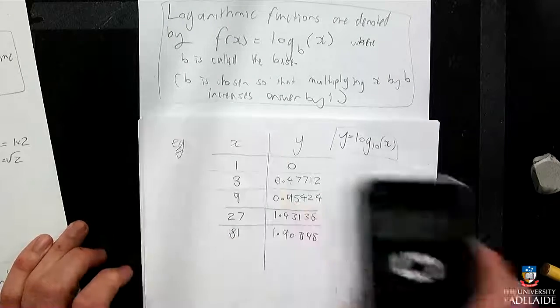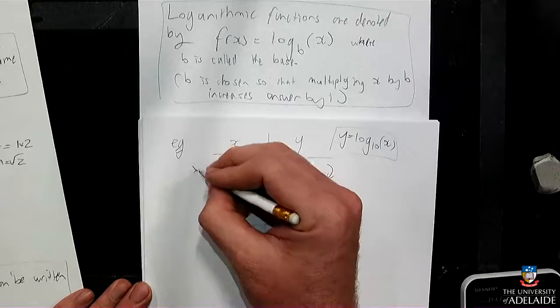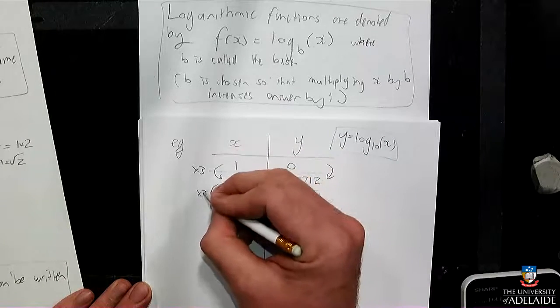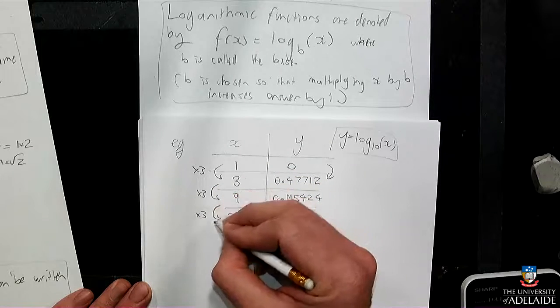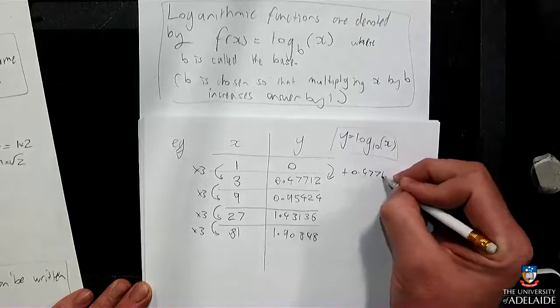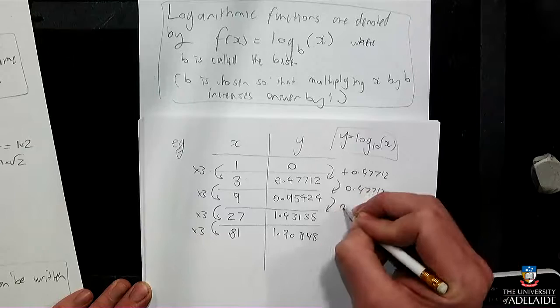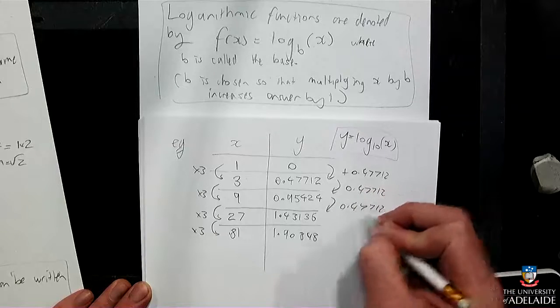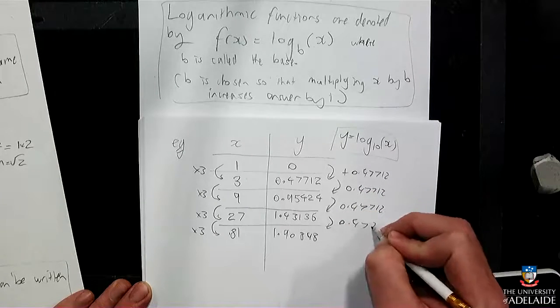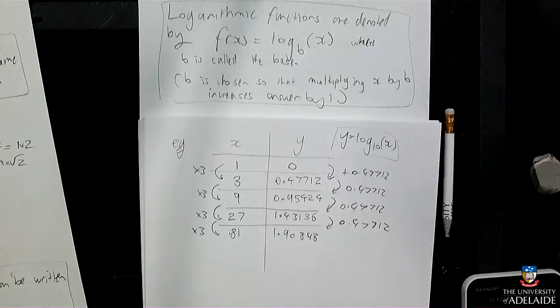Yep, there it is. So every time I multiply by 3, I'm adding 0.47712. That's how logarithms work. Multiplying the input by something will always add the same thing to the output.